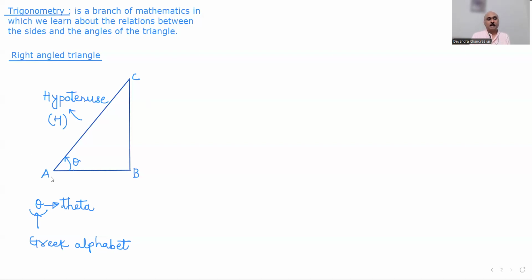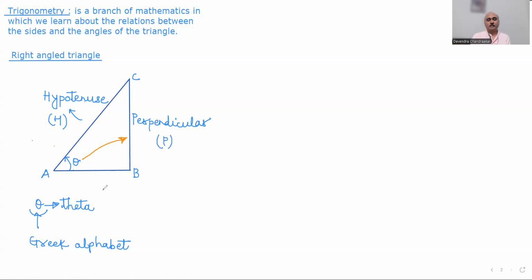Now, the side which is opposite to theta, right? If this is the angle, this is the opposite side. Hypotenuse is the side opposite to this 90-degree angle. Got it? I hope all of you understood what the opposite means in this. Yes or no? The side which is opposite to the theta, that is side BC, is called as perpendicular.